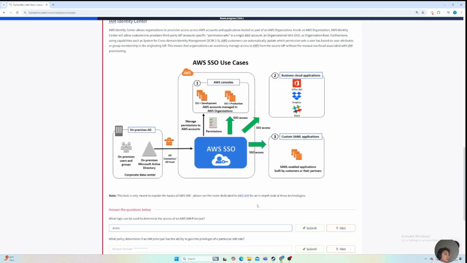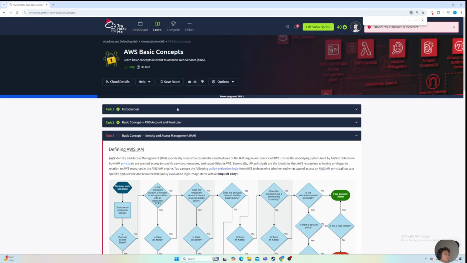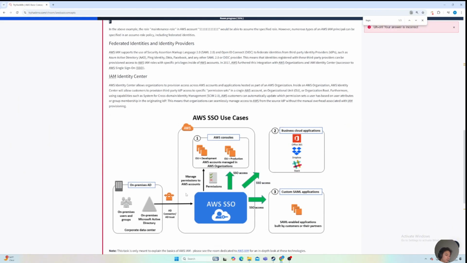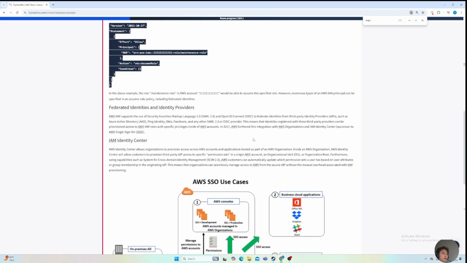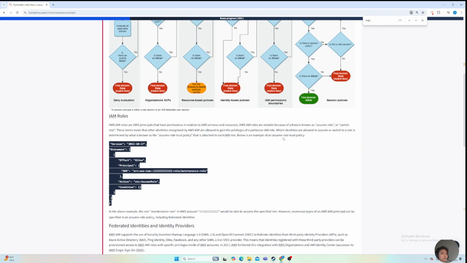Is it policy evaluation? Okay. What policy determines if an IAM principal has the ability to gain the privilege of a particular IAM role? Is it trust policy or assume role? Assume role.